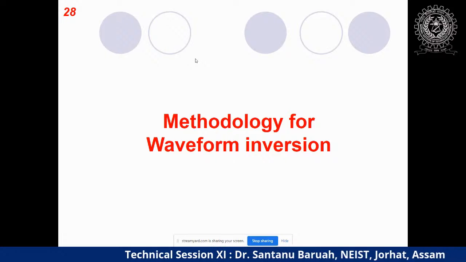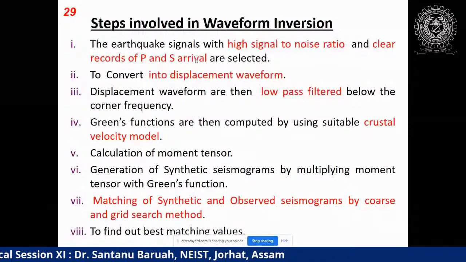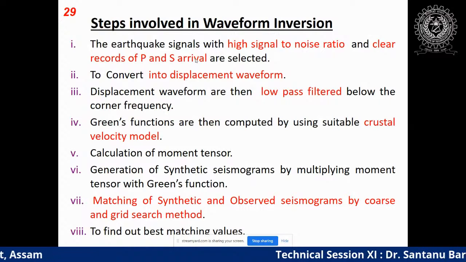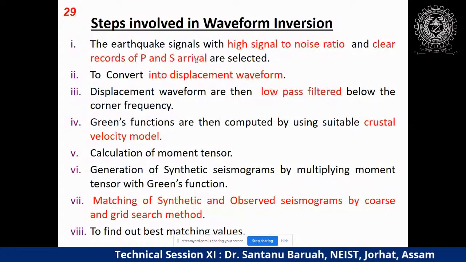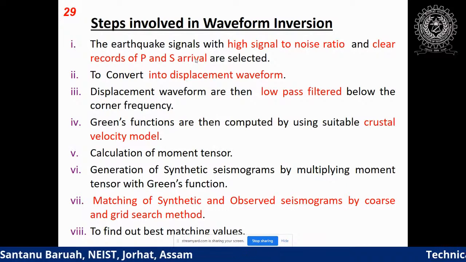Now, what is the methodology for waveform inversion? First, we have to take earthquake signals which have a high signal to noise ratio and clear records of P and S phases. Then we convert these signals into displacement waveforms. Then the displacement waveforms are low pass filtered below the corner frequency.